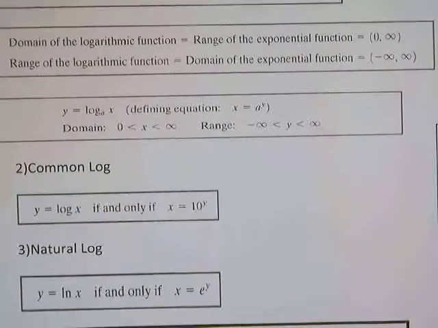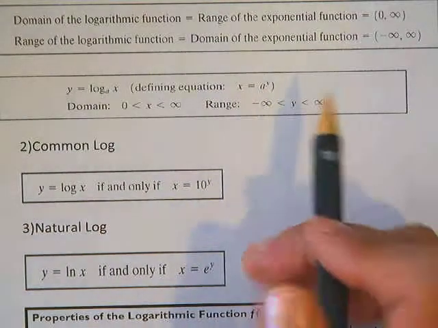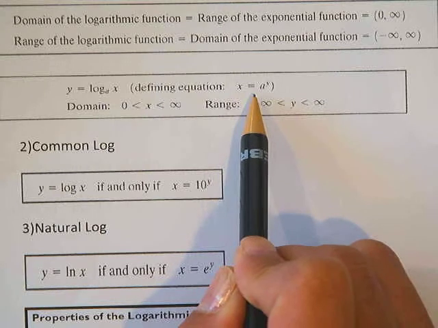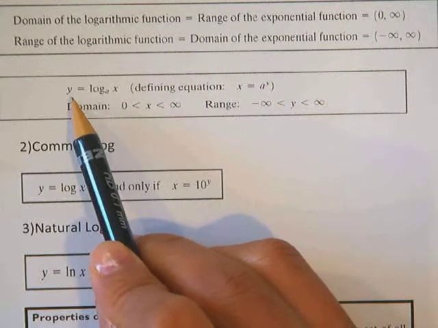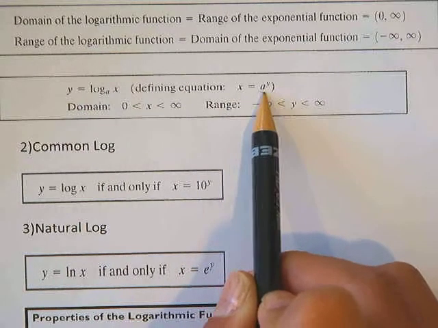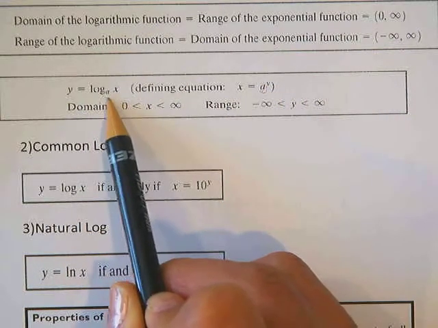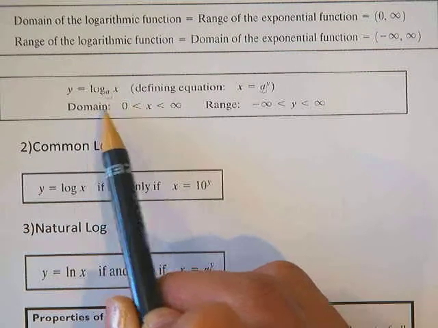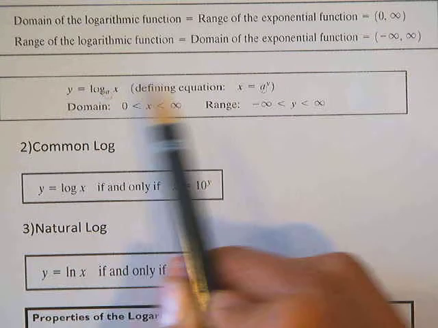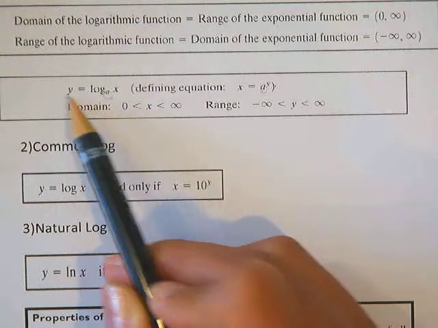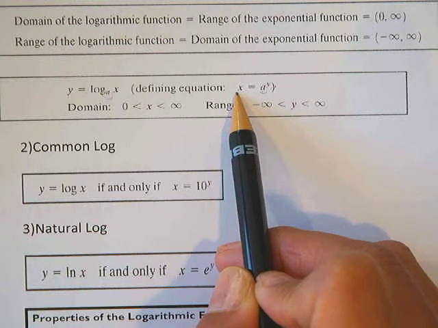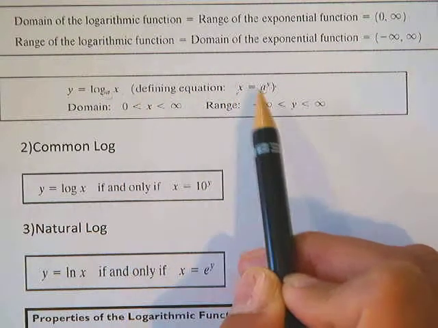The next box. This right here is the inverse of the exponential function. To write it, we have y equals log base a of x. Your base a remains as base a in the log term, and the output of the exponential is now the input of the inverse.